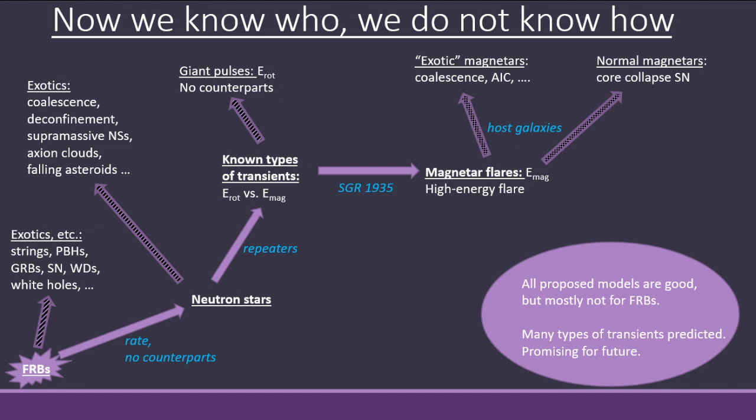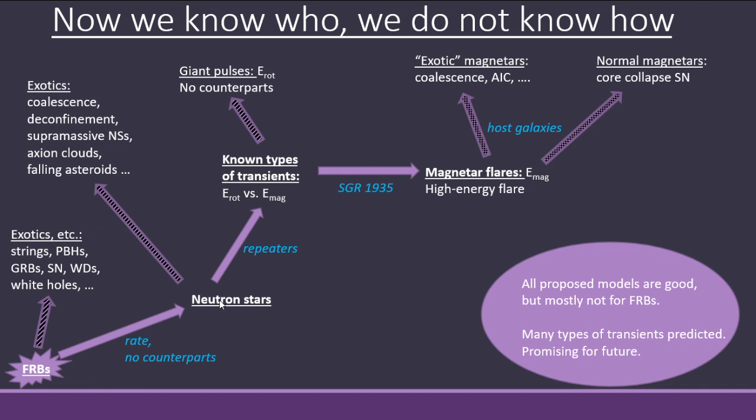That's really a lot. And this large rate excludes many exotic models. On the other hand, the rate is not that high. It's much less than the rate of supernovae in the universe, for example. So you can exclude some models because they are not as rare as fast radio bursts. But neutron stars fit perfectly well. So that was the first dichotomy, the first division, and we follow this route.